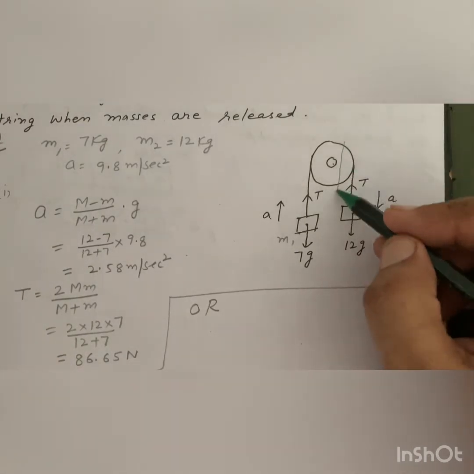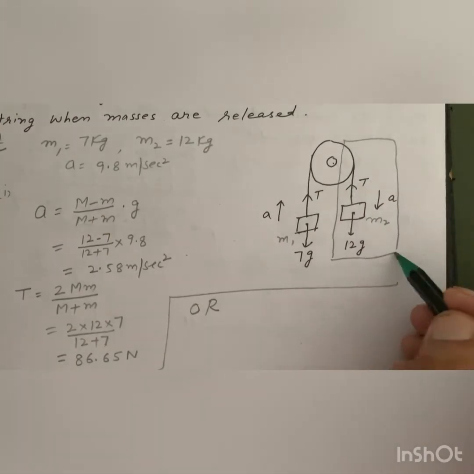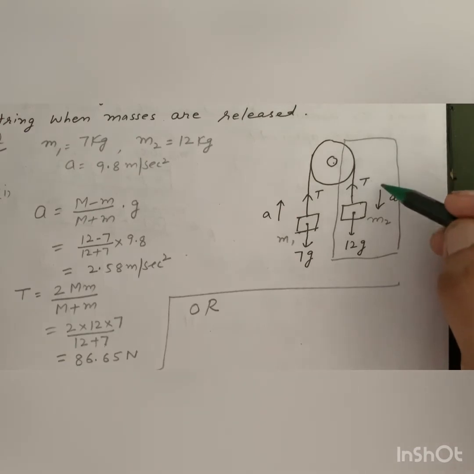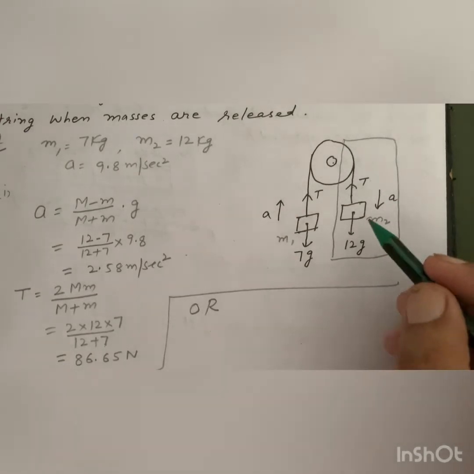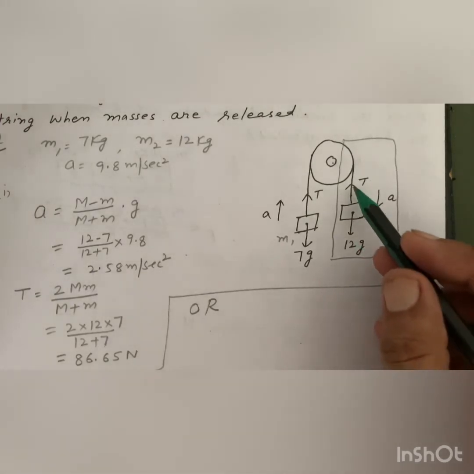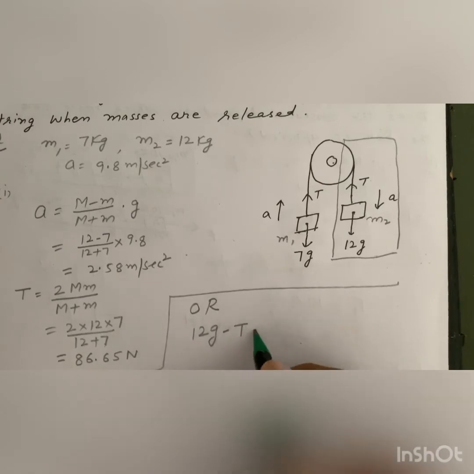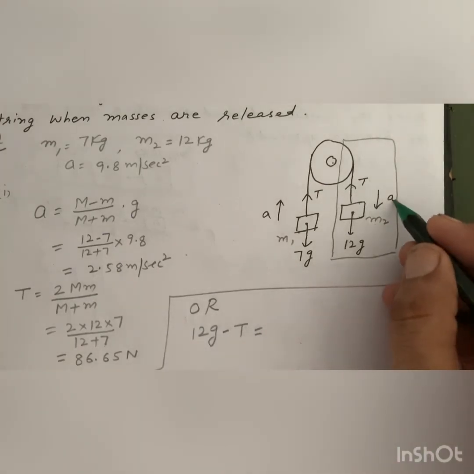Here first of all we see this body, the acceleration we assume is in this direction. Here we see the various forces acting on this mass M2, its weight acting downward, and tension in the up direction. So we have 12g minus T equal to mass into acceleration.